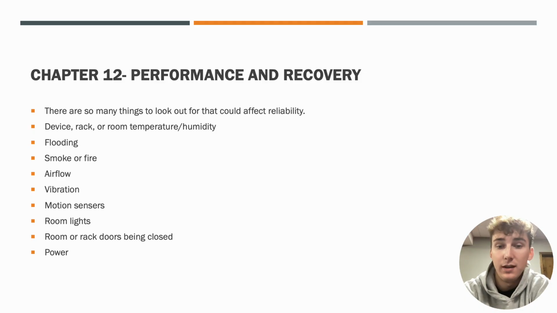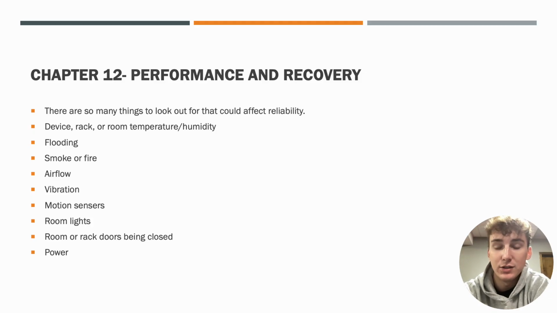Flooding, obviously, if there is any flooding, that could destroy any equipment. Smoke or fire, same thing, that could destroy your equipment. Airflow, you need to have airflow to your equipment because this can prevent overheating. Vibration, like too much vibration can knock wires loose.